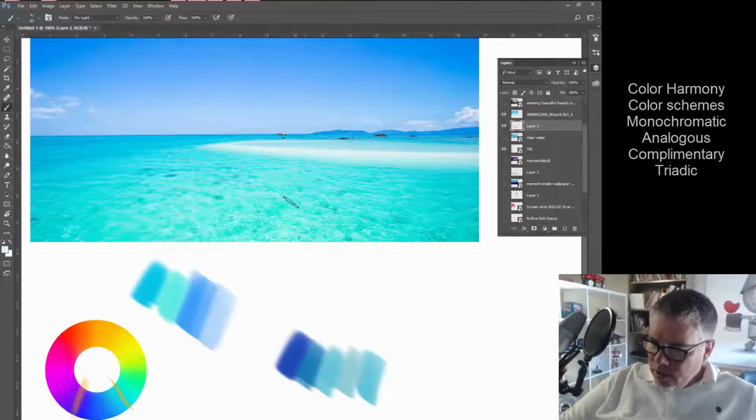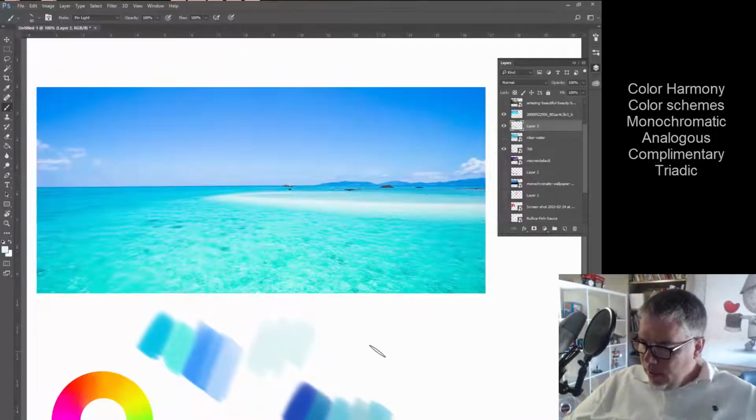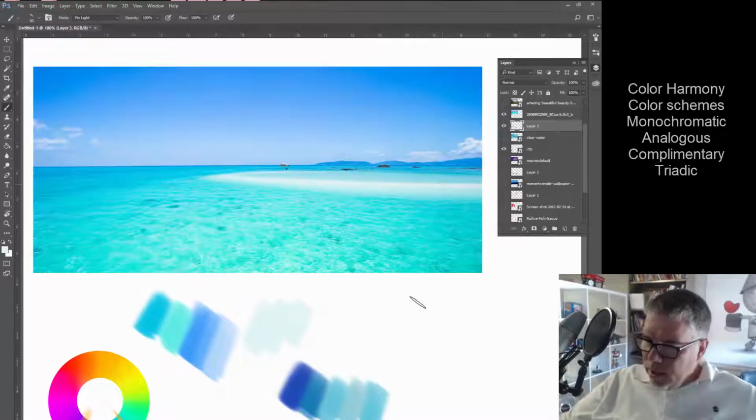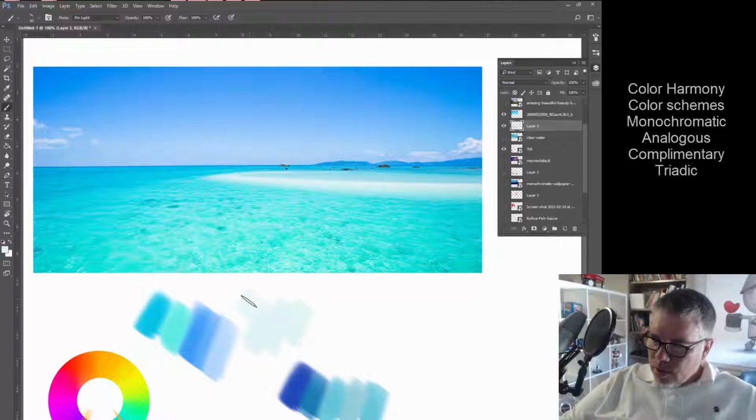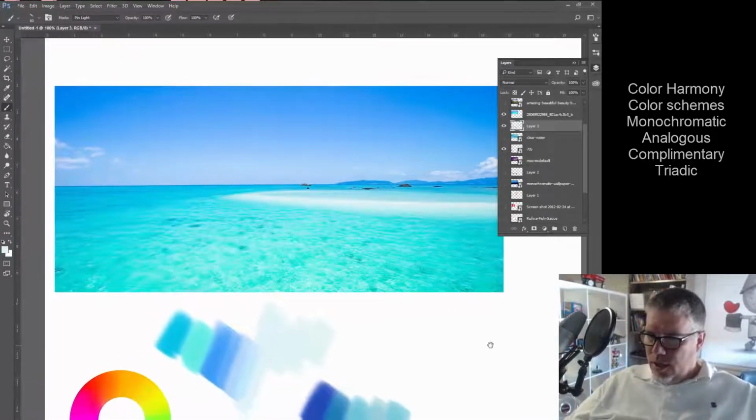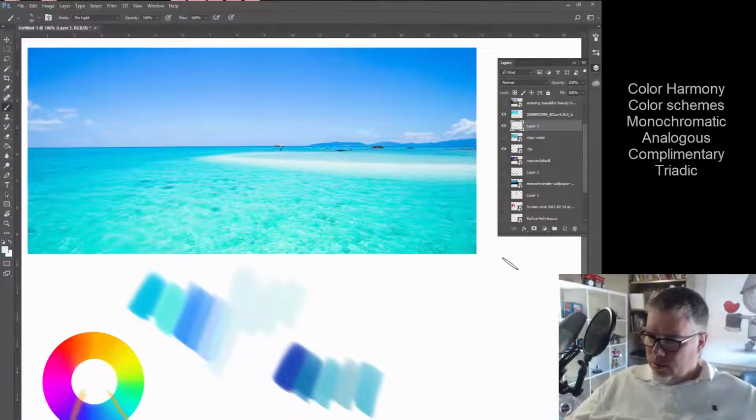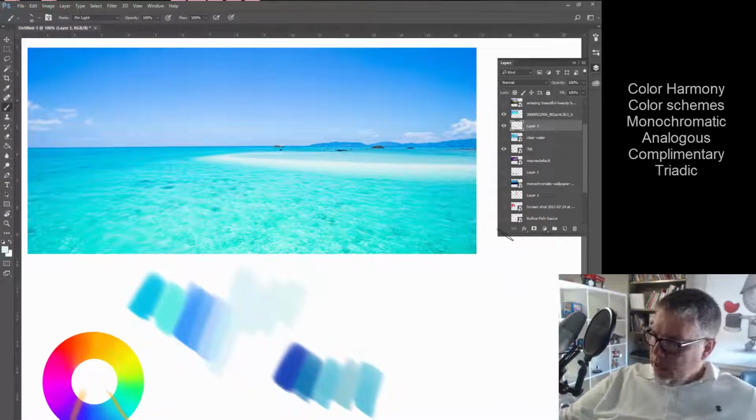But if you look at this sand here, it's probably got a little bit more warmish colors in there. Actually, it's not that warm. It's really pretty analogous. So maybe that's just an optical illusion that it actually looks warmer than it really is. Yeah, I'd say that is basically a pure analogous color scheme. So cool.